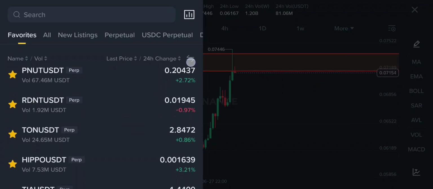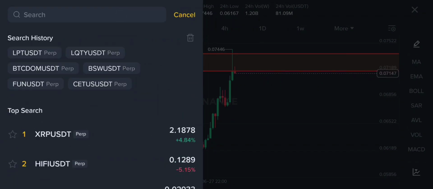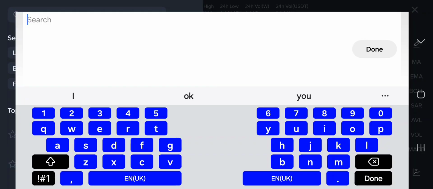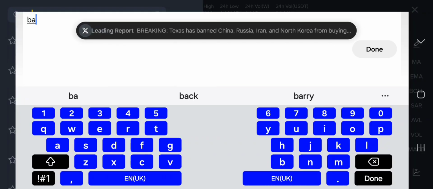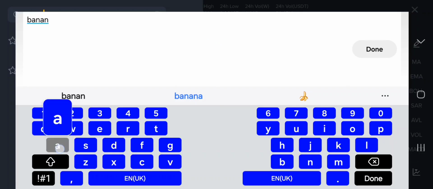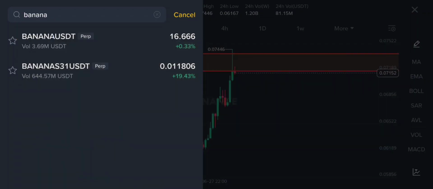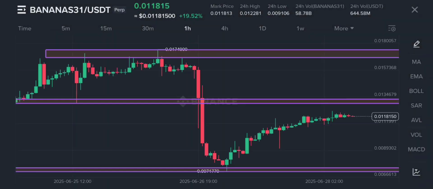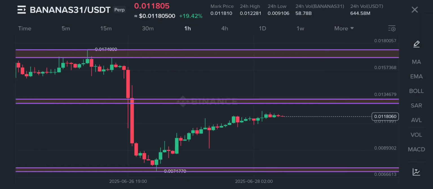Let's look at another coin. Okay, let's look at this other one, banana.